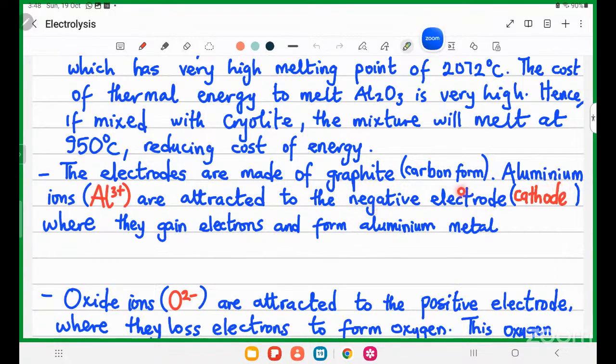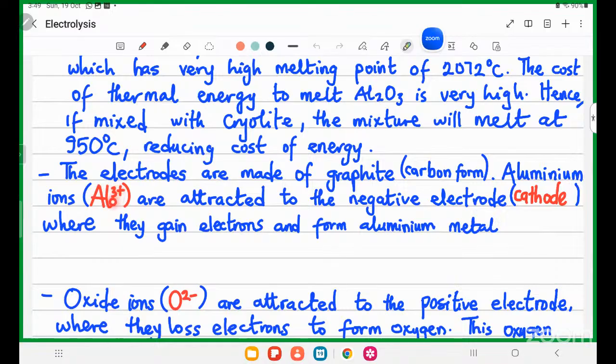Aluminum ions are attracted to the negative electrode. During the electrolysis, the aluminum migrates to the cathode, which is the negative electrode.